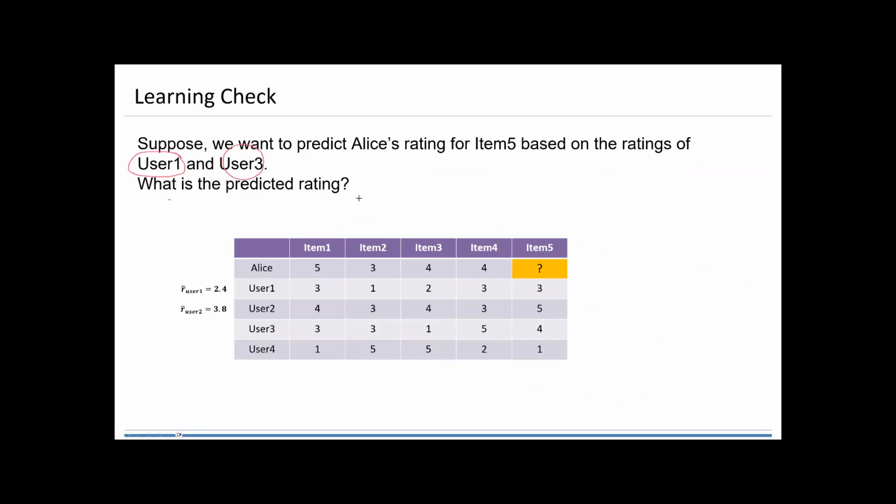What is the predicted rating? Let's look at user 1 and user 3. Please try and practice. What will be the answer for this one? We will discuss this in the class, and I hope you can do well. Okay, see you in the class.